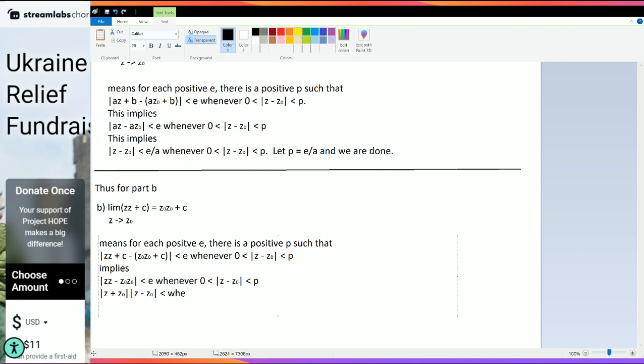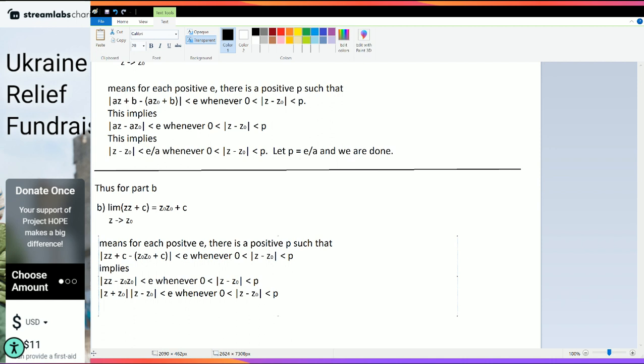Whenever 0 is less than z minus z naught is less than delta. This doesn't seem right to me.